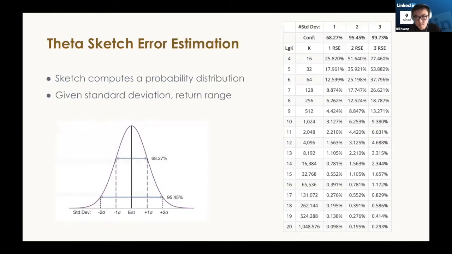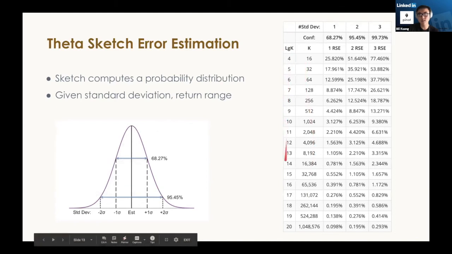Cool. This is a slide about the error of the estimation. Whenever we talk about estimation, there's usually an error, and Theta Sketch is not any different, right? There is a probability distribution. If we look at this table on the right side, hope you guys can see my pointer, the left-hand side columns represent the size of the sketch, right?